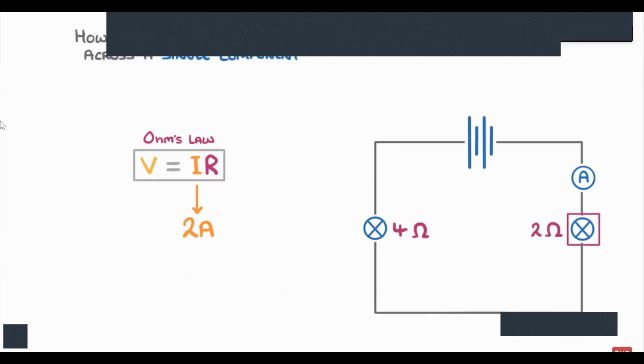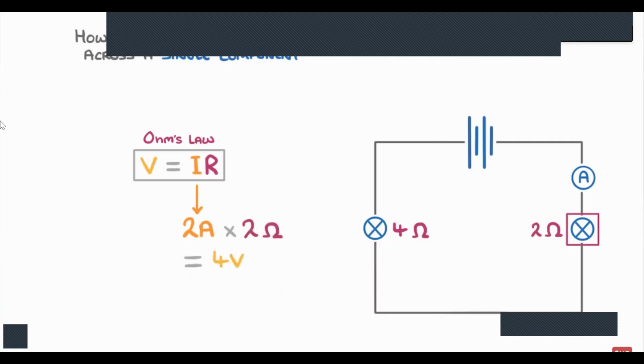For example, this lamp on the right has a resistance of 2 ohms, and the current across it must be 2 amps. So using our Ohm's law equation again, we can see that the potential difference must be 2 amps multiplied by 2 ohms. So there must be 4 volts across this specific lamp.